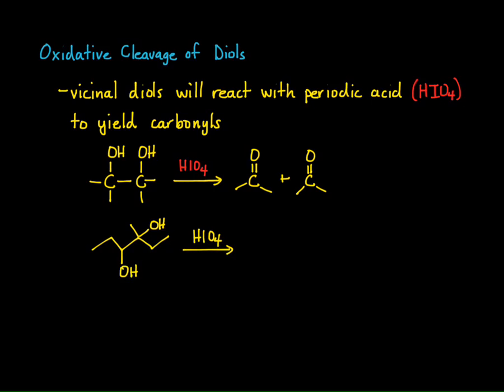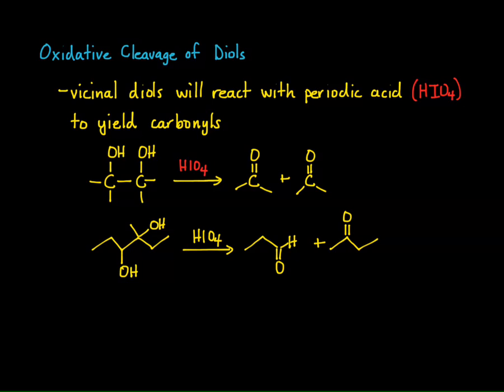The carbon on the right between the two diols doesn't have a hydrogen. It has a methyl group and an ethyl group coming off, so I'm going to form a ketone. So here I get an aldehyde, and the carbon on the right gives me a ketone.